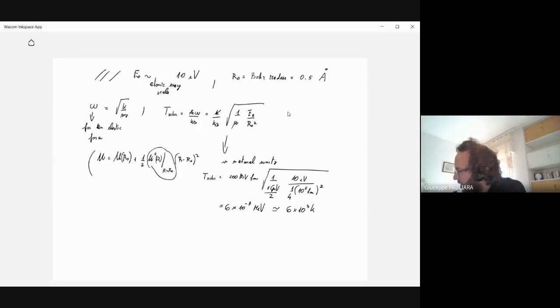Now this is the typical temperature that you need to reach in order to excite the vibrational degrees of freedom. Okay. Temperature scale to excite the vibrational degrees of freedom.